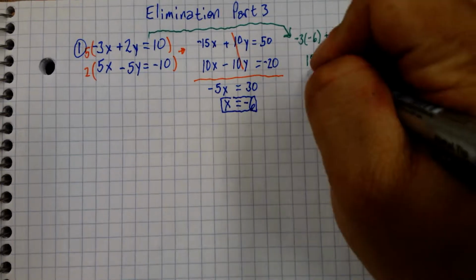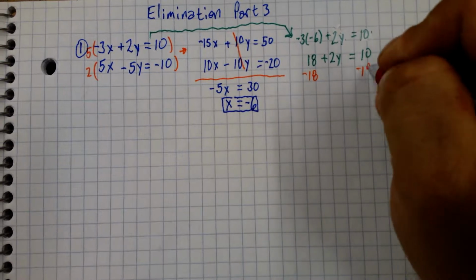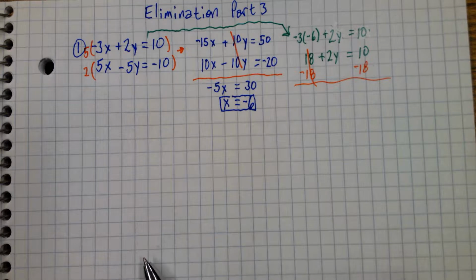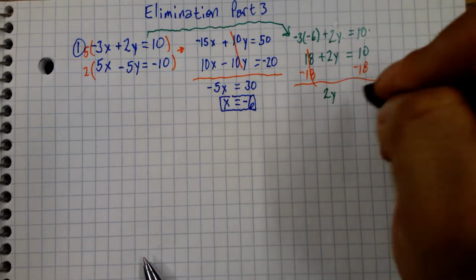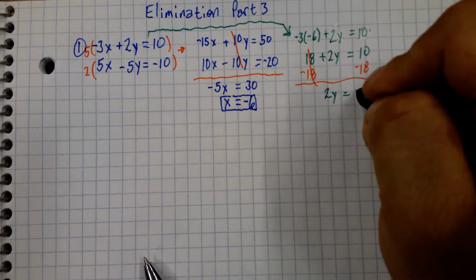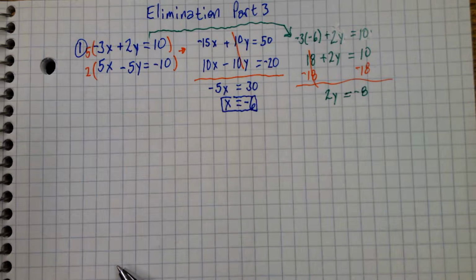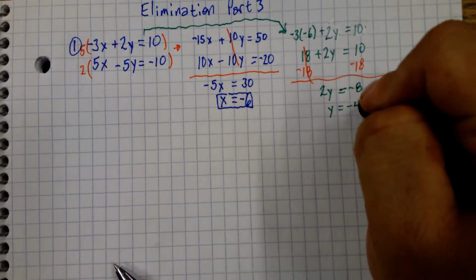Let's get rid of 10 here, or 18. We're going to get 2y equals -8. So y is going to be -4.